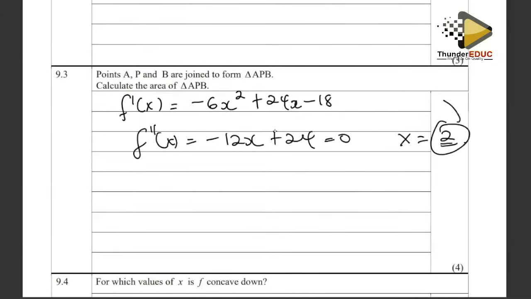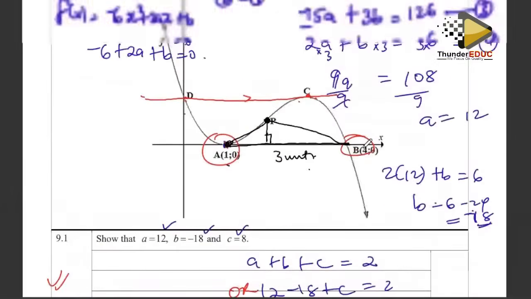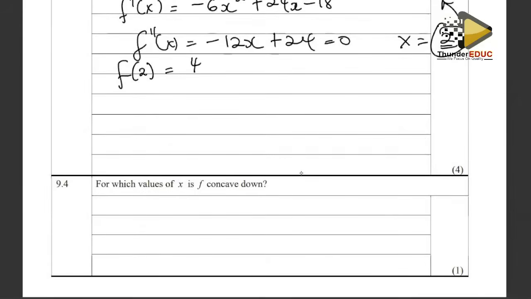When I substitute this into the original, okay, I'm going to get something like a 4, meaning that my point P is at (2, 4). And if it is at (2, 4), the height here becomes 4. Okay, that height is 4. So the base is 3, the height is 4, meaning that the area of that triangle will be a half times 3 times 4, which is 6 units squared.